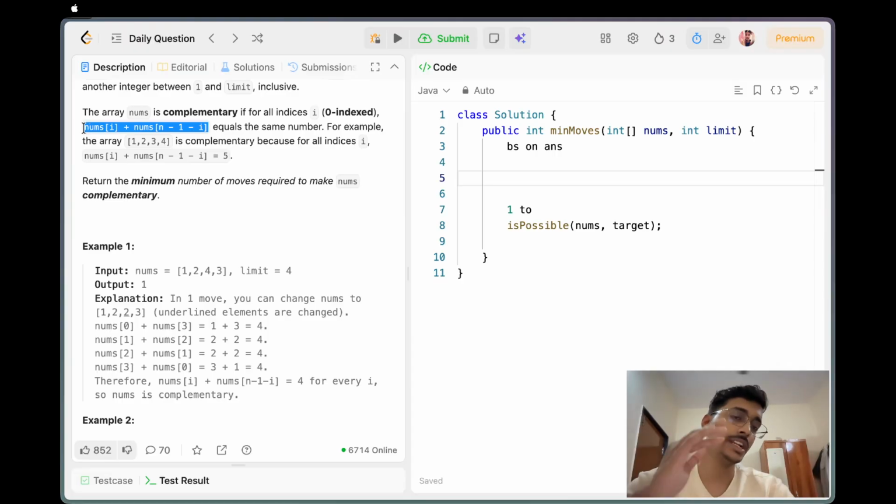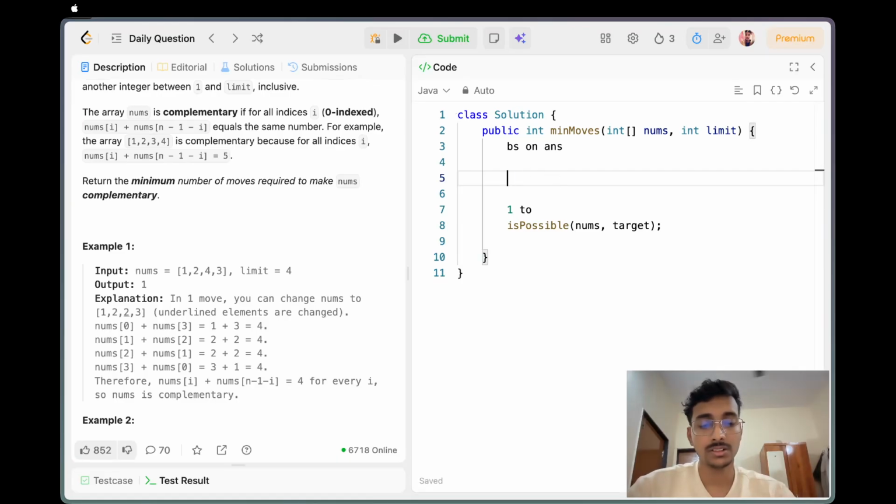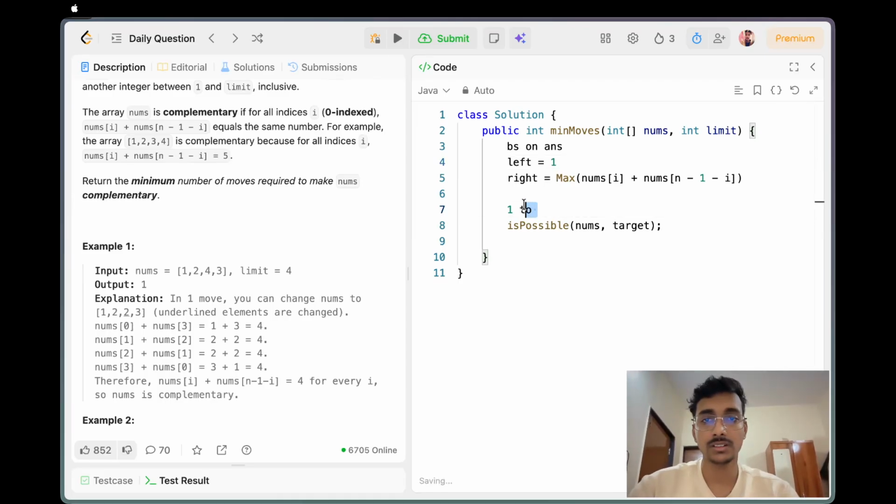So I can have an array and find the max of this, which will be right, and left will be 1, and the target is nothing but the middle.